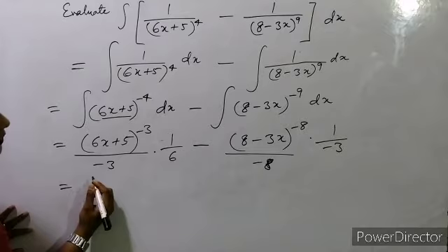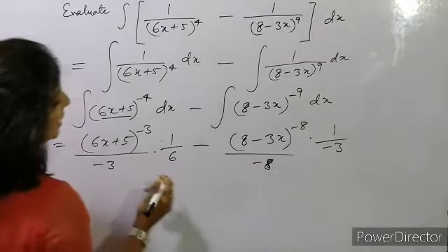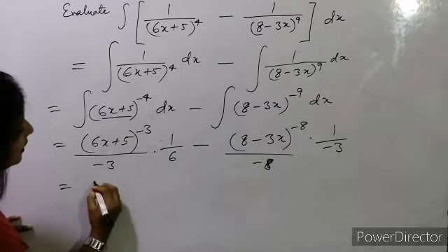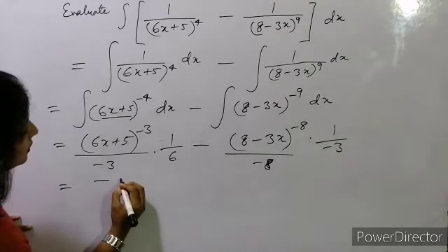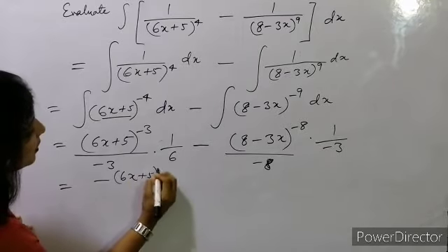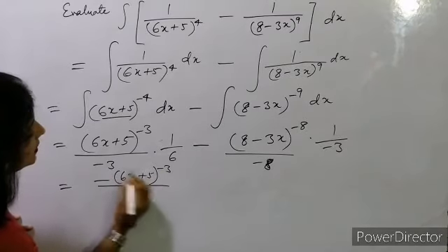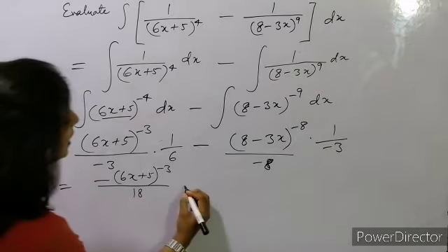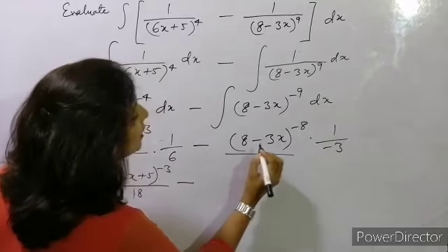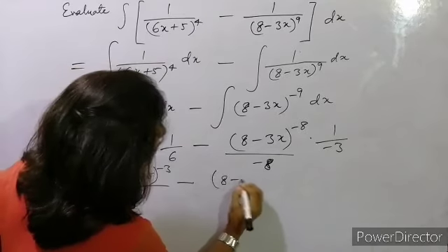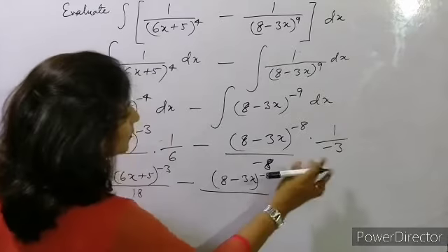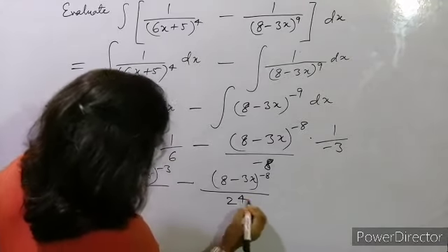Now what will happen, this minus minus becomes plus. So this minus stays, and so minus (6x plus 5) to the power minus 3 divided by 6 times 3, which is 18, and this minus, because minus minus becomes plus, plus (8 minus 3x) to the power minus 8 divided by 8 times 3, which is 24.